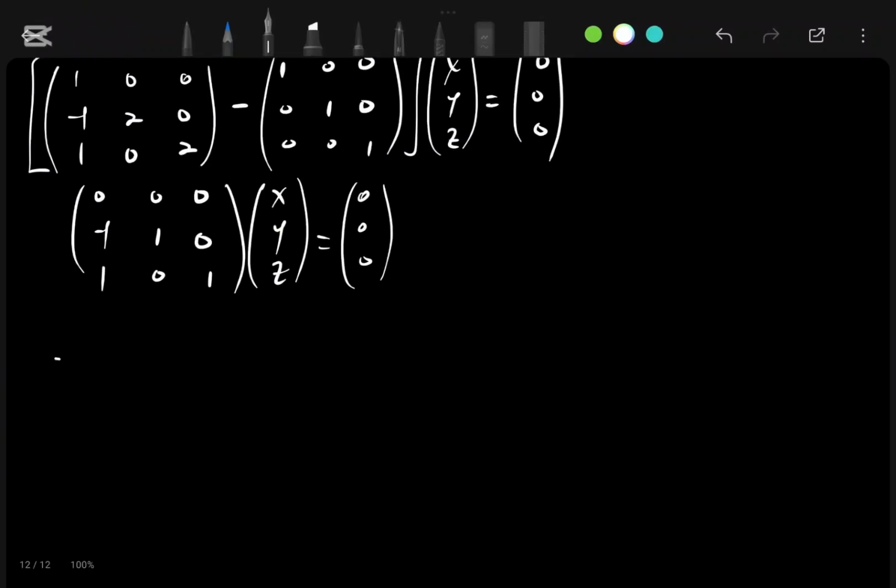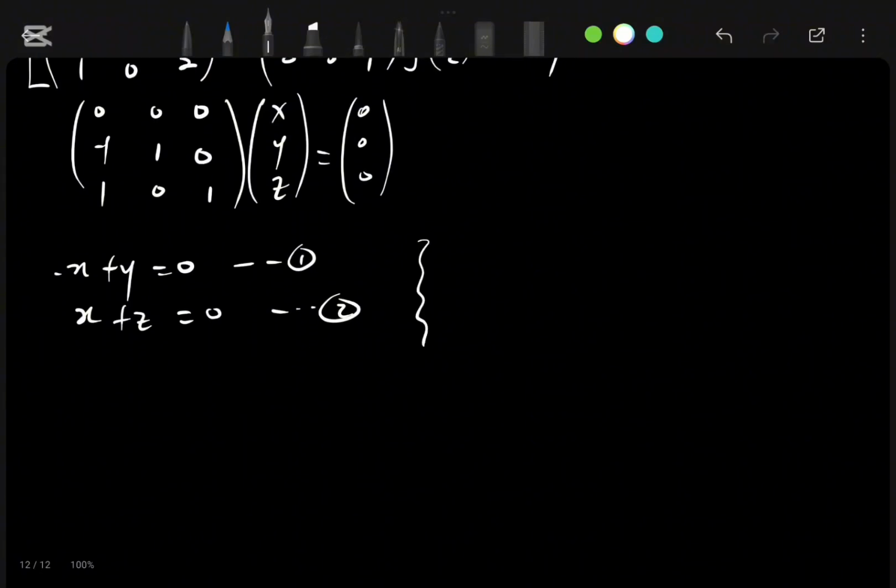So we write -x + y = 0 for our first equation, and x + z = 0 for our second equation. We write x equal to -z, therefore x over z will be equal to -1 over 1. So if x is equal to -1, it implies that z will be equal to 1.